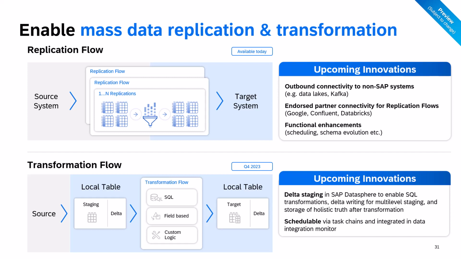Specifically for larger tables, you don't want to always process all the data, but only the changed data. So we will also bring in the deltas with this transformation flow capability, so that we're able to only take the deltas, process them, and move them forward to the target. That's of course scheduled via task chains and integrated in the whole monitoring aspect that we already have in Datasphere.